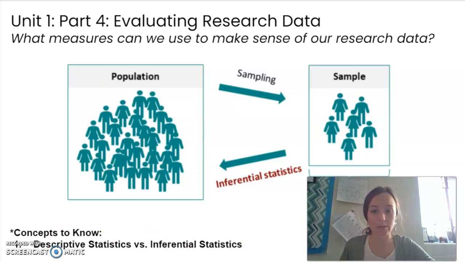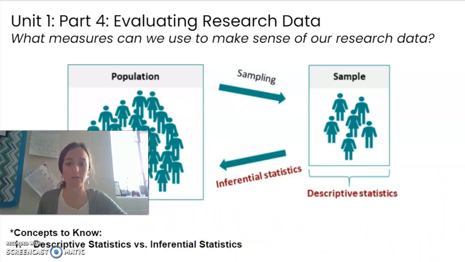So here's a diagram to help you understand inferential statistics. Inferential statistics would only really work if you were pulling out a representative sample, and then you could make inferences. An example might be if I wanted to survey high school students, but I didn't want to survey every high school student.